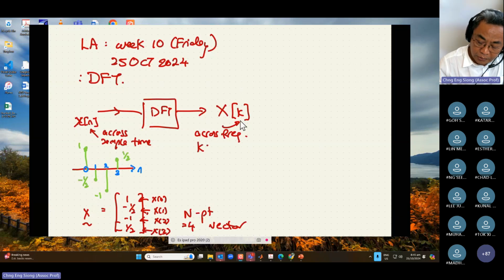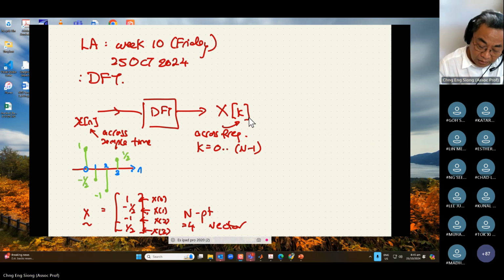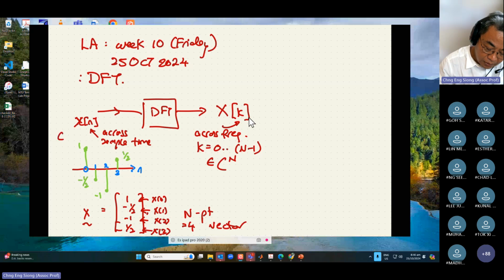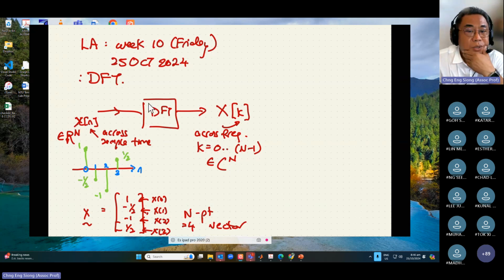And k equals 0 to n minus 1. So you realize, hey, I'm sending a vector, 4 elements in. Out comes 4 elements. What is different is now this is a complex vector, and here is a real vector. So I'm sending a real vector in. Out comes a complex vector. And this is DFT.